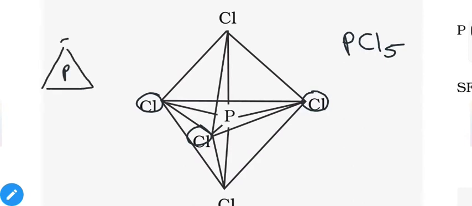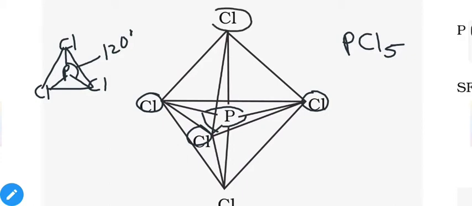At the center we have phosphorus and at the corners we have chlorines. If we connect P with Cl, then we know that this bond angle will be 120 degrees. So here we have one 120 degree bond, a second 120 degree bond, and a third 120 degree bond.